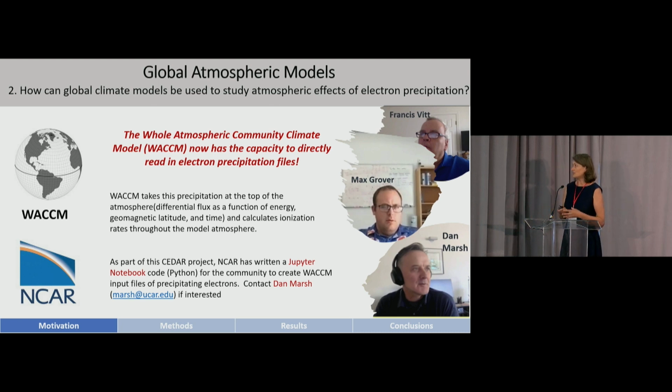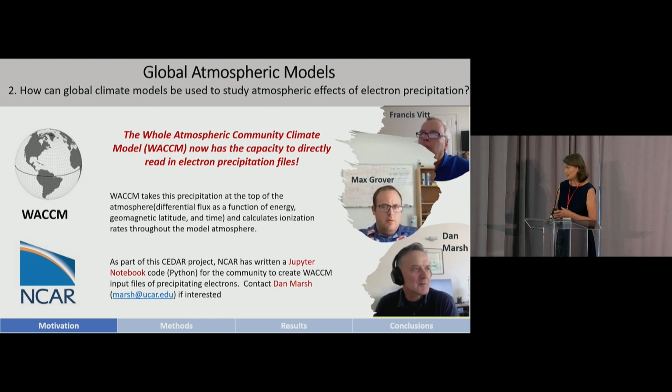One of the results of this project is that WACCM now has the capacity to directly read in electron precipitation files at the top of the atmosphere. So if you can provide a differential flux file, WACCM can then itself calculate the ionization within its atmospheric simulations, and then from there predict the chemical composition changes.